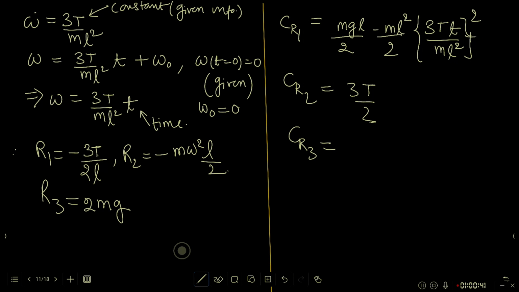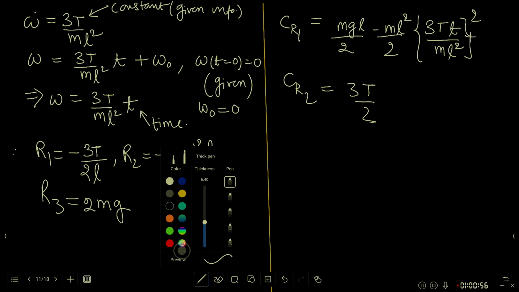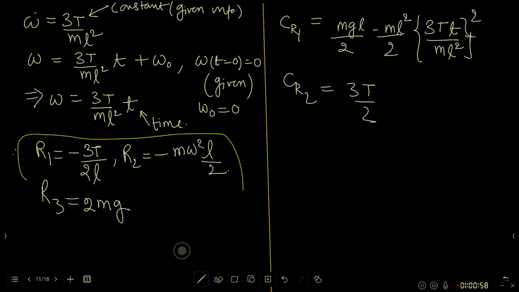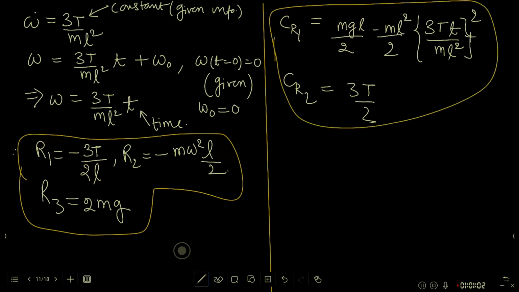So I have found all the unknowns: R1, R2, R3, CR1 and CR2. Verify. Alright, we take a break.